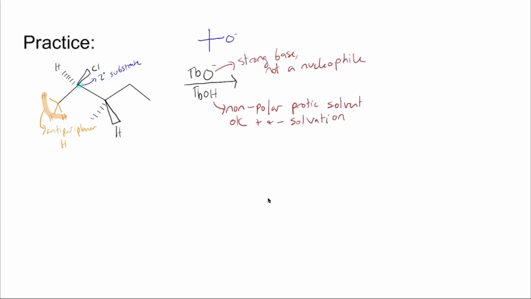Alrighty, so we have analyzed all the factors of our reaction. We've looked at our strong base, we've got a non-polar protic solvent this time, and we got a secondary substrate. Does anyone want to take a guess about what type of product we could expect to see?